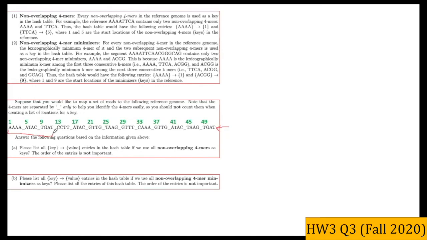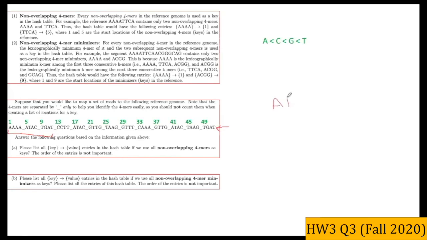Okay, now remember that A is less than C, less than G, and G less than T in alphabetical order. So the minimizer out of these 3 k-mers is basically 4 A's, right?